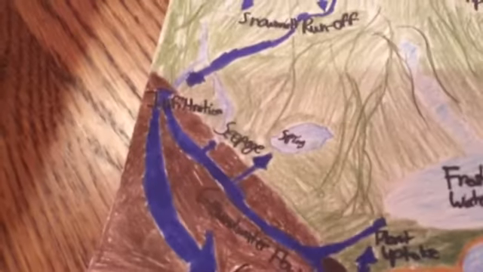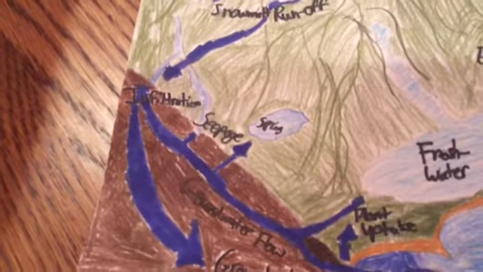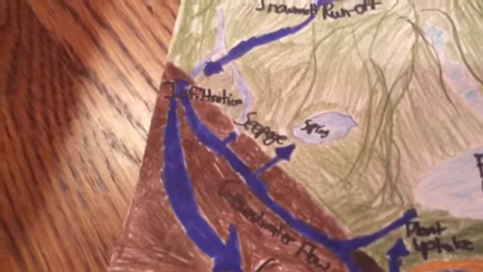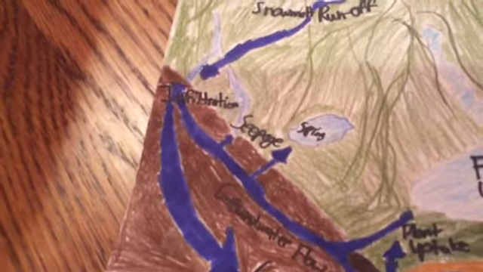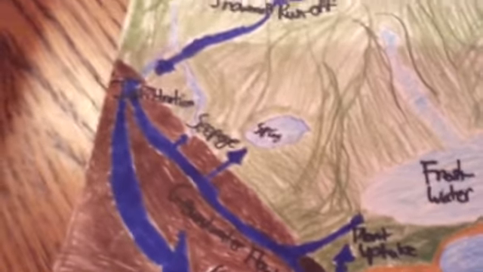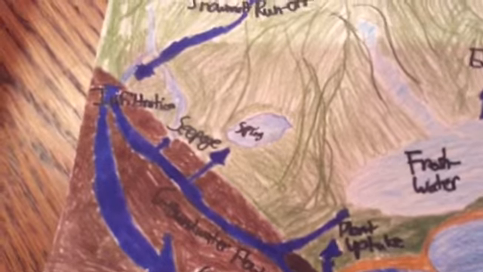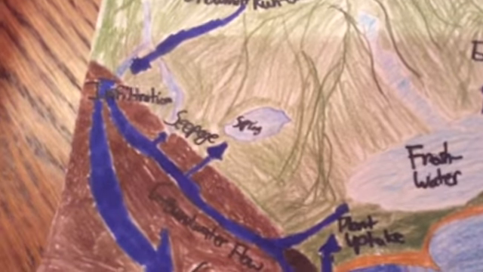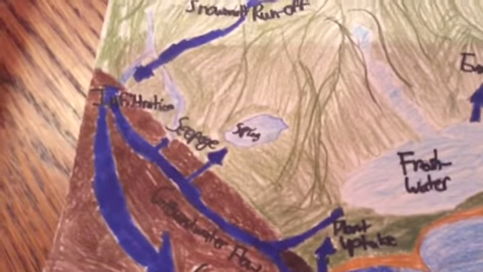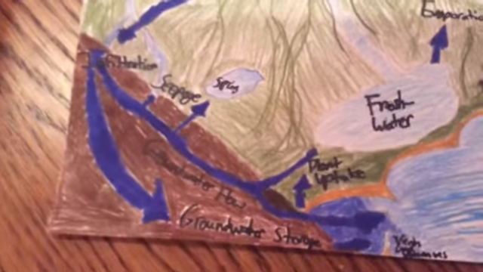The second path is infiltration, or as I like to call it, percolation, even though they're different. Infiltration is when the ground is permeable so the water can flow through. Percolation is the act of when water is flowing through the ground. It's really confusing.